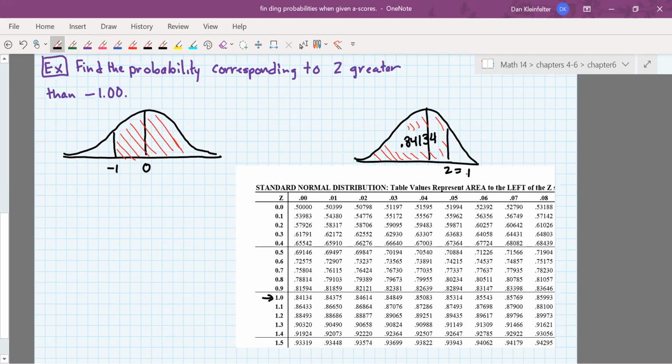So how much area is under the curve altogether? Well, the area under the whole curve is going to be 1. So if we take 1 minus that 0.84134, what's left is 0.15866. That's the area to the right of this 1.